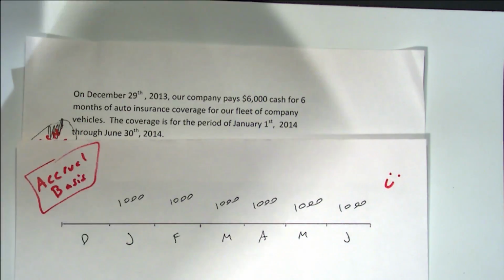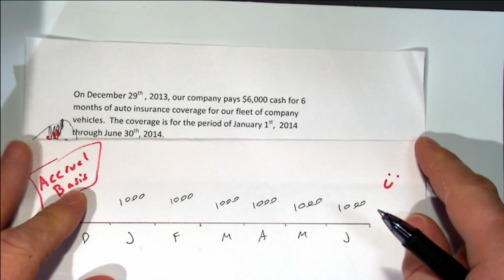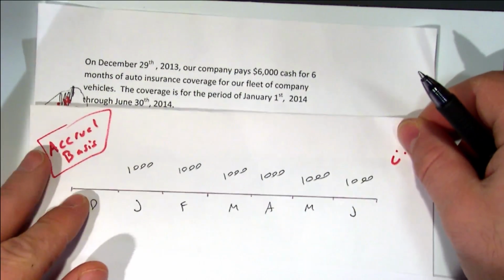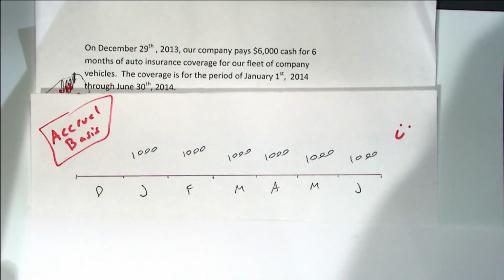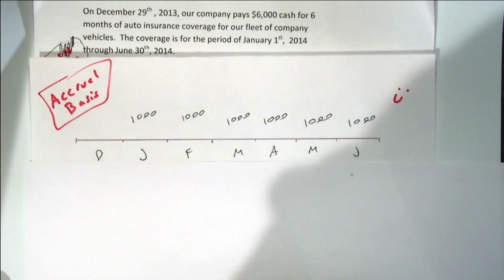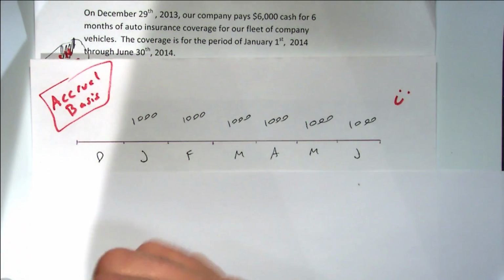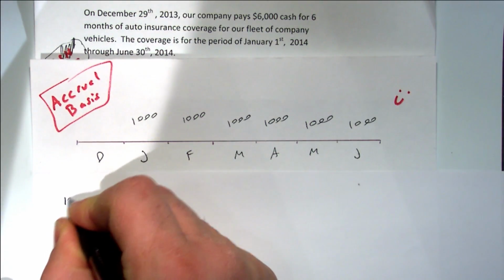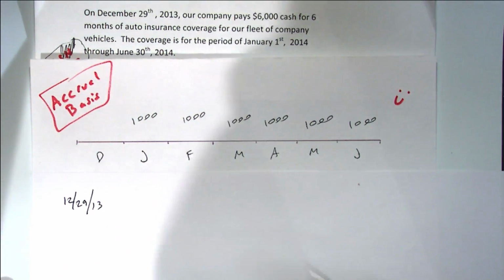Let's do that. Now, first of all, let's go back to the question that Marina asked. She asked, well, don't you have to do something in December? Okay, let's go ahead and prepare the journal entry that we would make on 12/29 of 13.